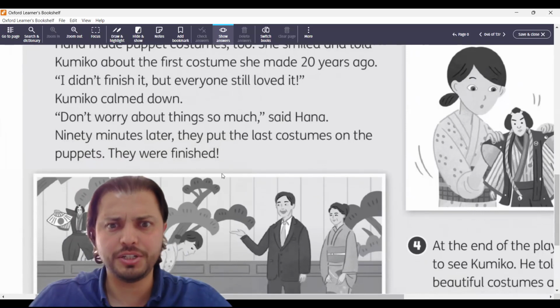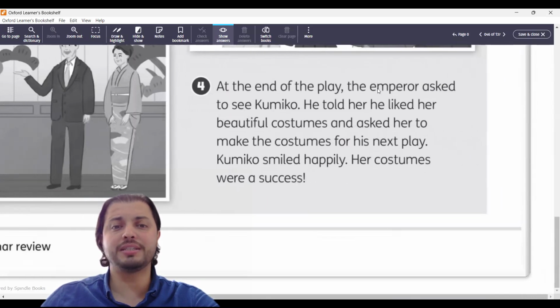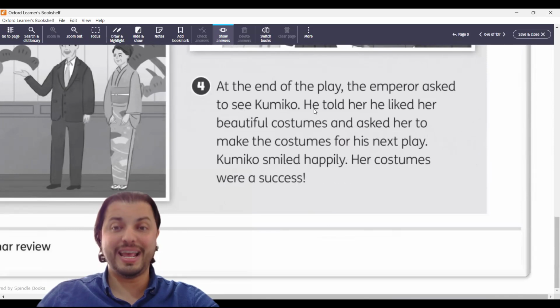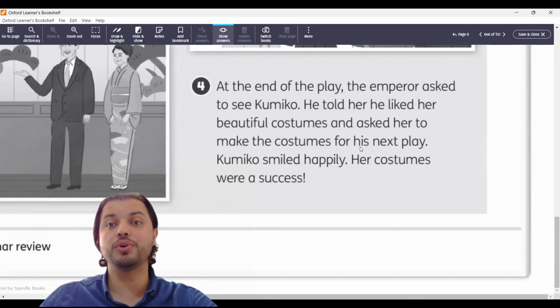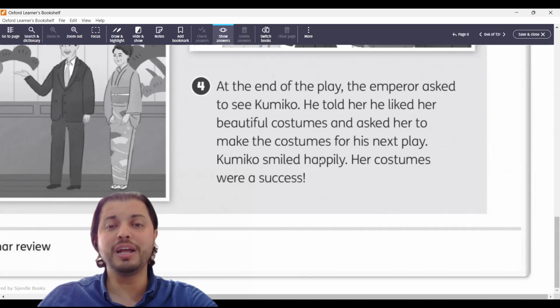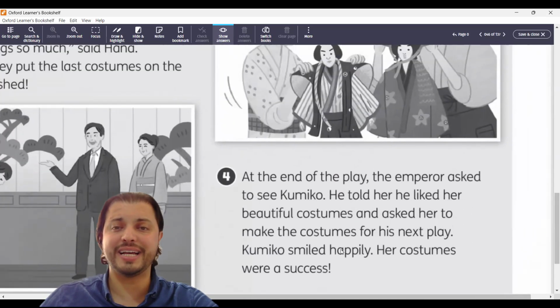They were finished. They were ready. At the end of the play, the emperor asked to see Kumiko. He told her he liked her beautiful costumes and asked her to make the costumes for his next play. Kumiko smiled happily. Her costumes were a success.